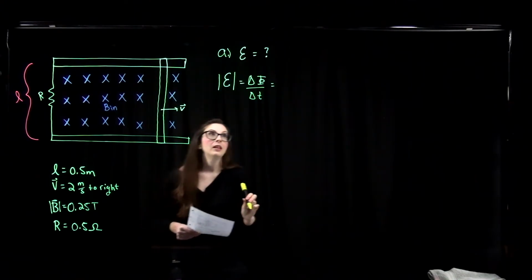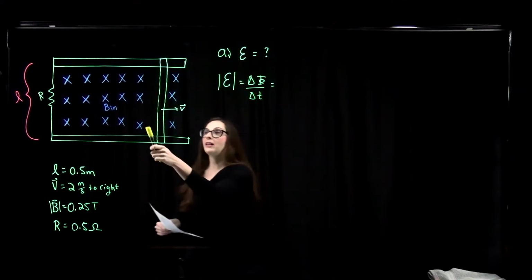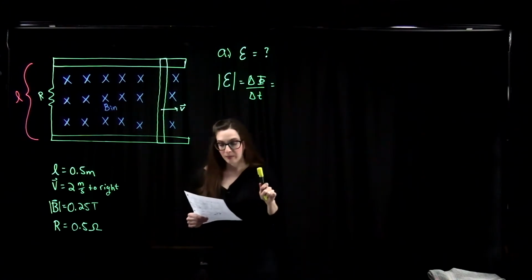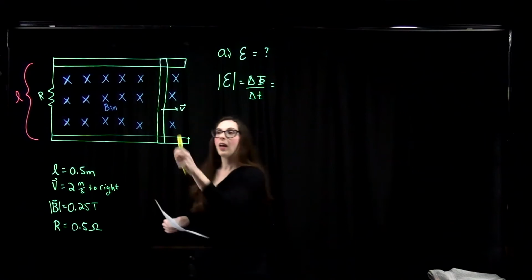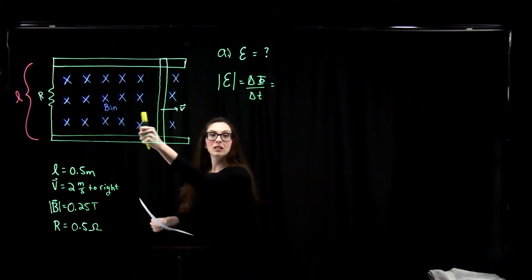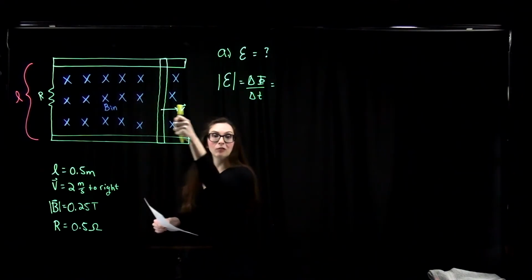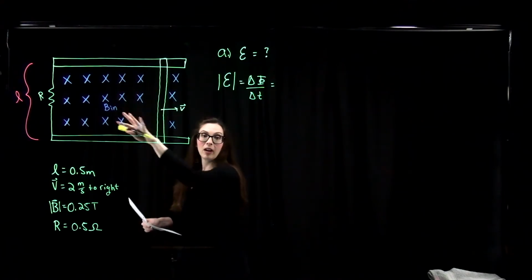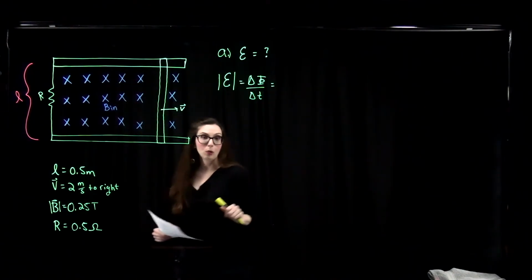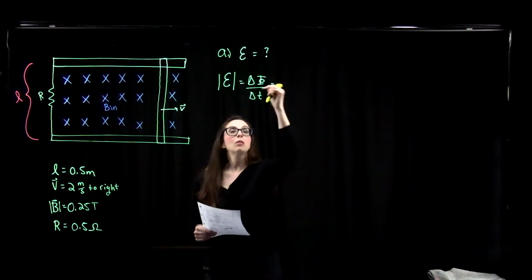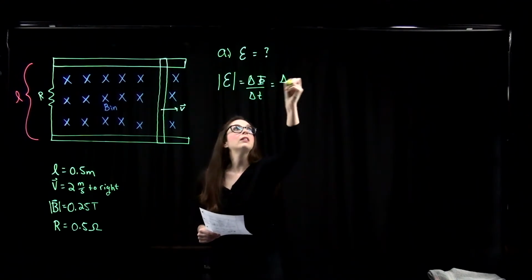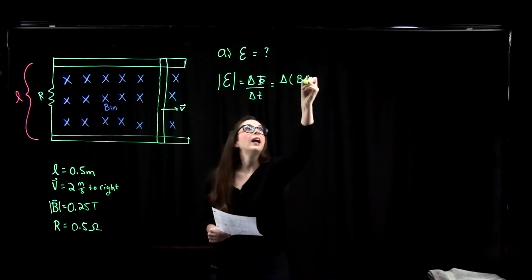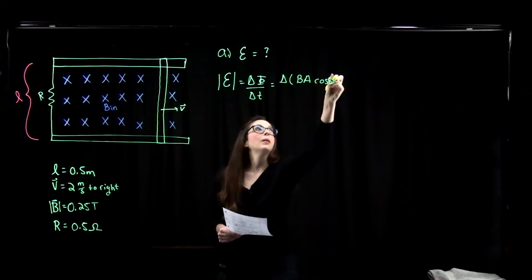Okay. Now in this problem, the magnetic field here is not changing, but the area is. As I slide this conductor here back and forth, I'm changing the area enclosed by the loop. So our change in flux is equal to delta BA cosine theta.